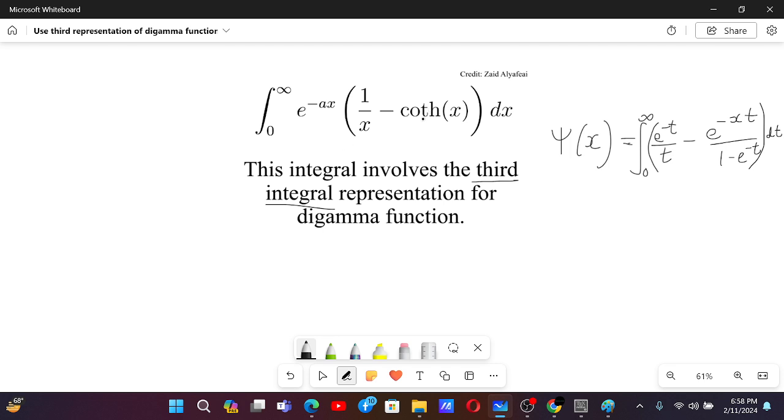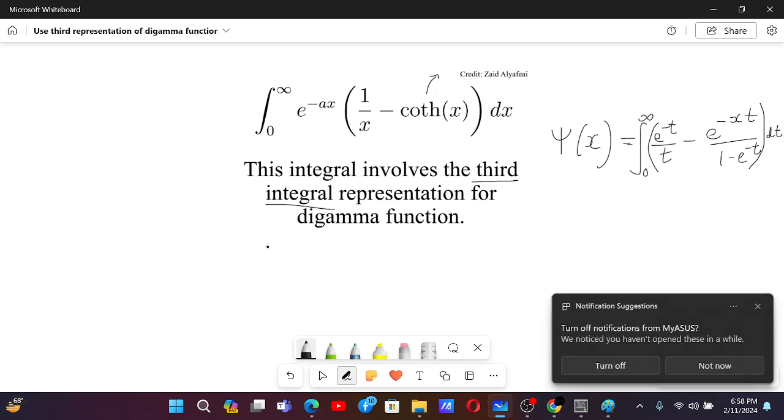First thing we do is try to change the cot x in terms of e. So we have the integral from 0 to infinity of e to the power minus ax times (1 by x minus ...). Now this is basically (e to the power x plus e to the power minus x) by (e to the power x minus e to the power minus x).